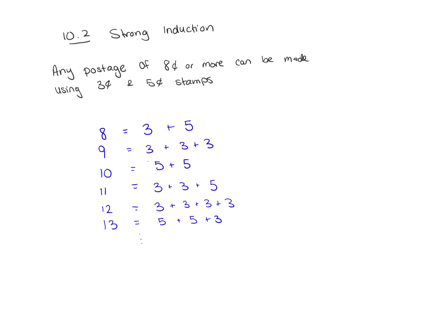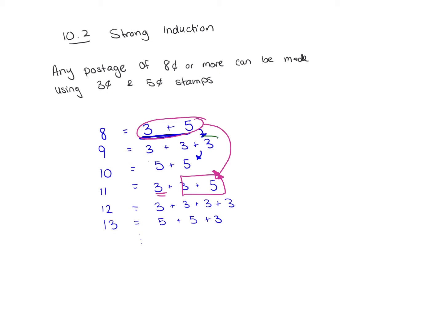So if I know how to make some amount of postage, how does that help me figure out the next one? And we can see that we're not going to actually be able to get directly to that next one. But if I know how to make 8 cents, for example, then I should be able to get to 11 cents because I use that same 8 plus an additional 3.